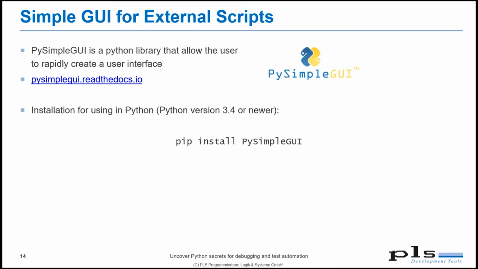You can use your Python environment or distribution to install it. It's quite easy. This line here, the normal Python installation method, can be used to get this little library.